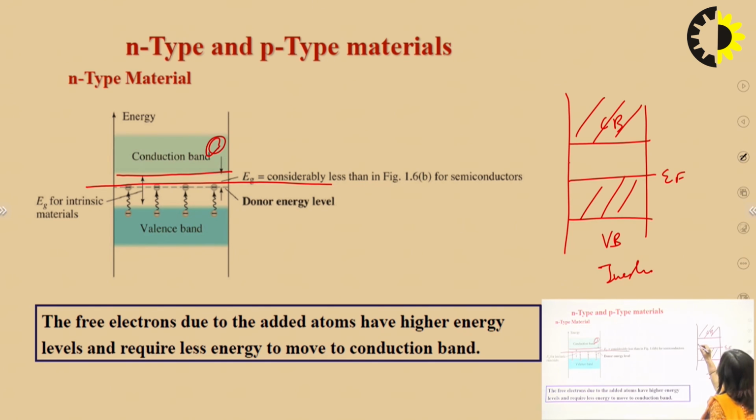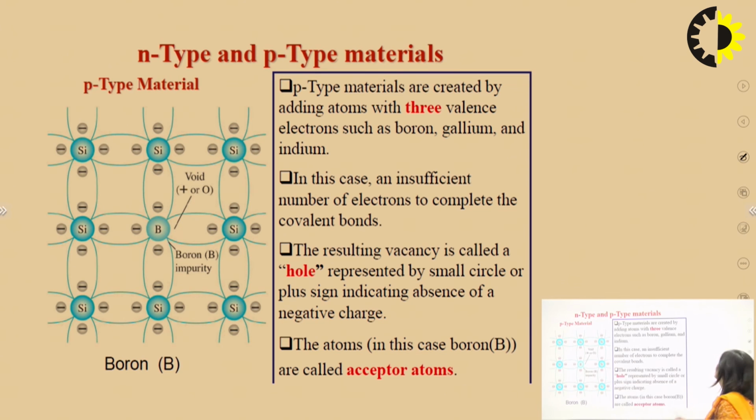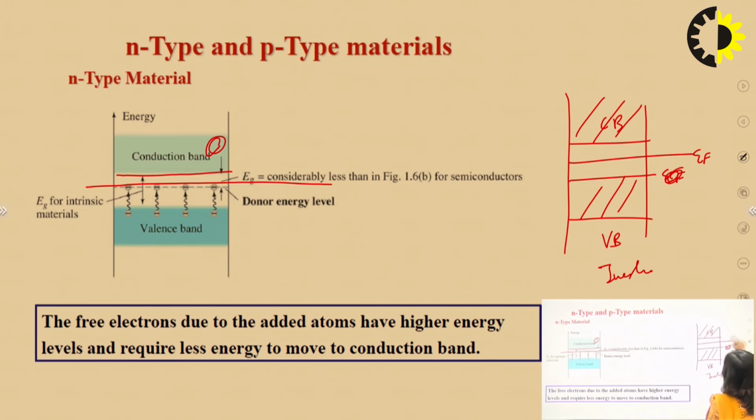So the Fermi level will always lie in the middle of the conduction band and the valence band. Basically this Fermi level depicts the center of gravity, meaning where the maximum weight of the semiconductor will lie.